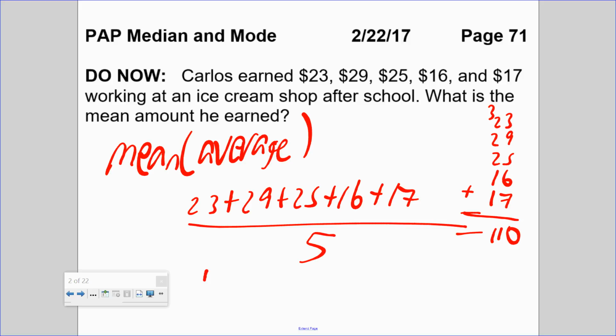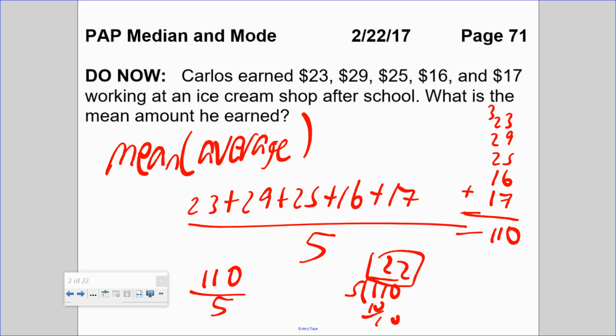So it's 110 divided by 5. That goes in 2 times. So the mean or average amount he earned is $22. So on this day, he earned way above average. It must be a weekend. This one he had were above average, but then these 2 days he earned below average.